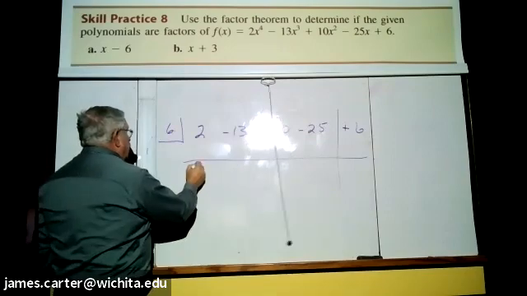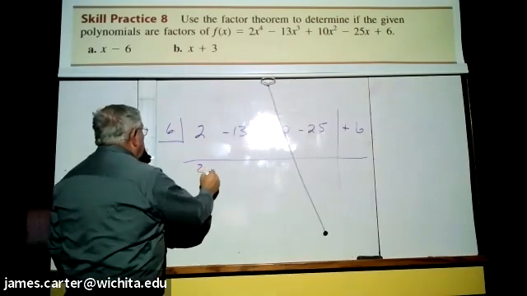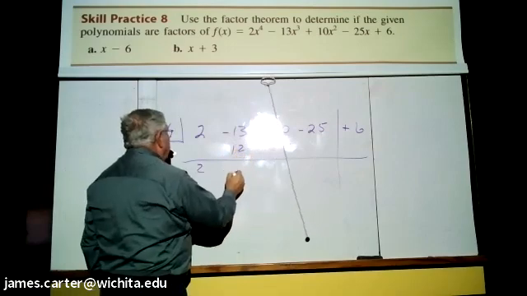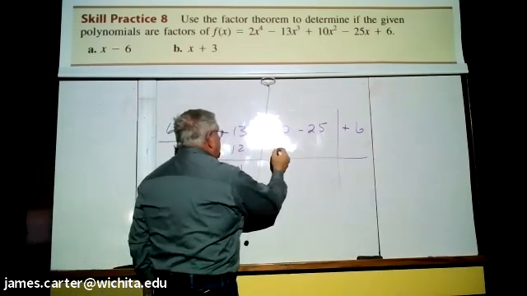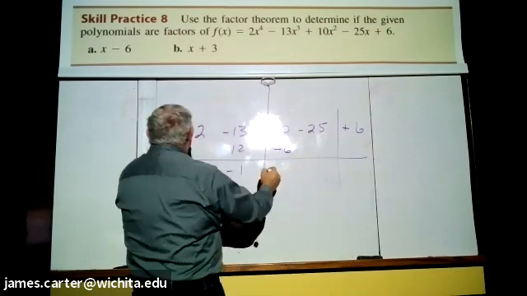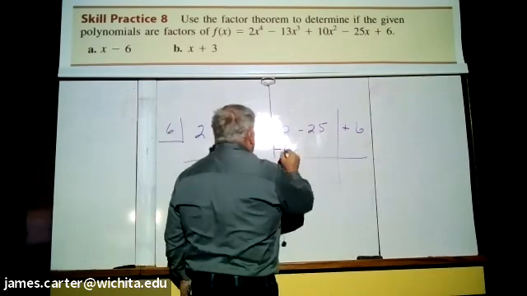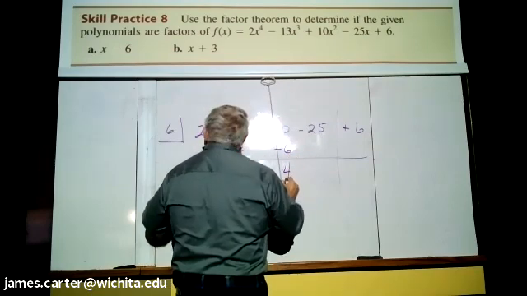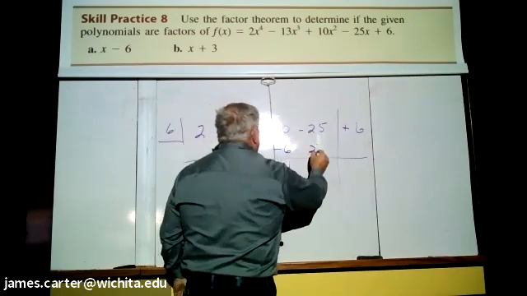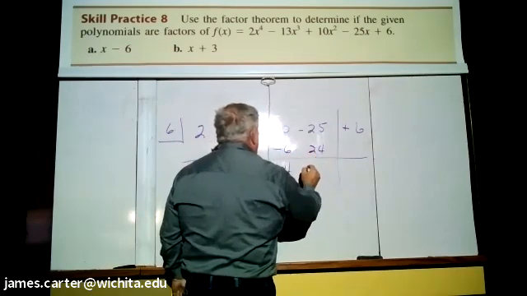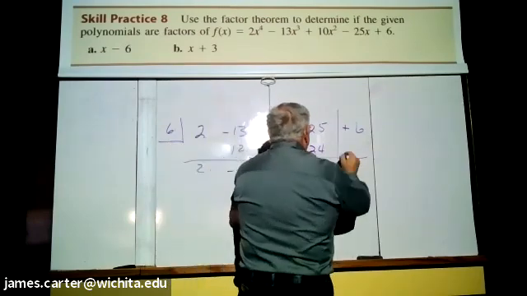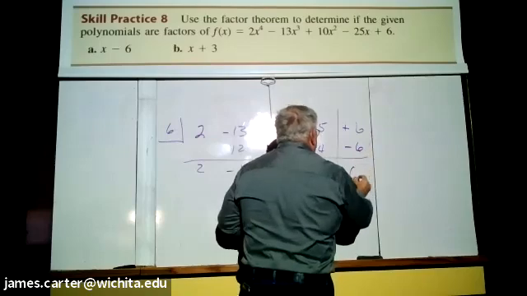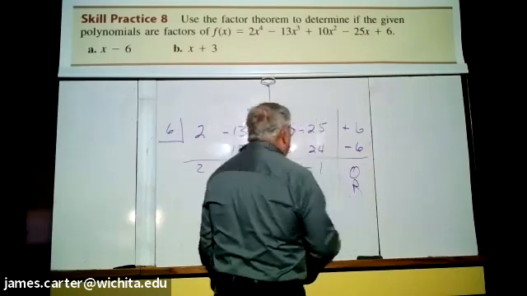Okay, so bring down the 2, I get a 12. Add to negative 1, I get a negative 6... rather, add those, I get a 4. 6 times 4 is 24. I get a negative 1. 6 times negative 1 is negative 6. I get a 0 remainder.